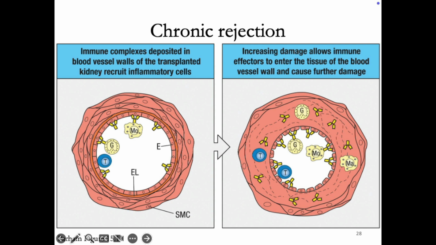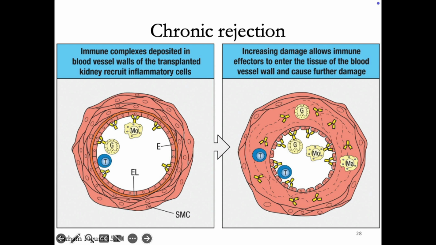And so you can see this here. With chronic rejection, we have immune complexes that get formed. So again, we're going to have antibodies that are formed. They're going to deposit in the vessel wall, perhaps the vessel wall of the kidney, and lead to inflammation and damage of that vessel wall, and lead to damage of the kidney.